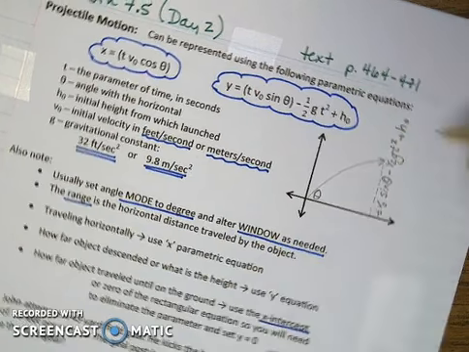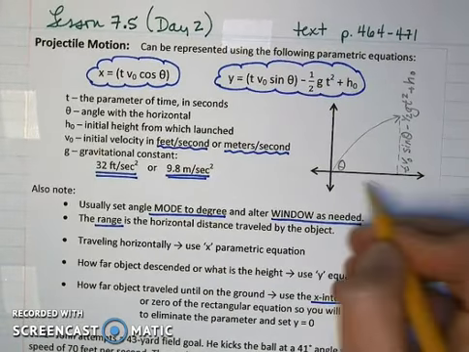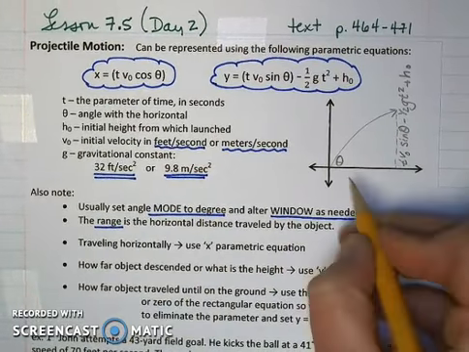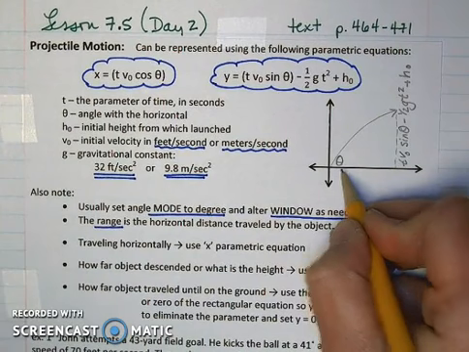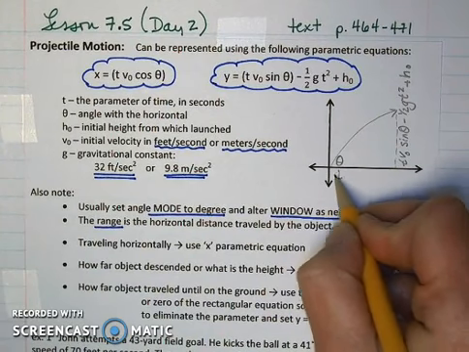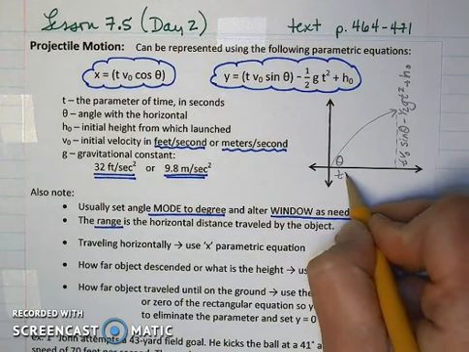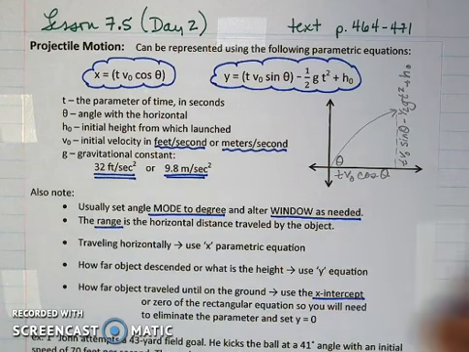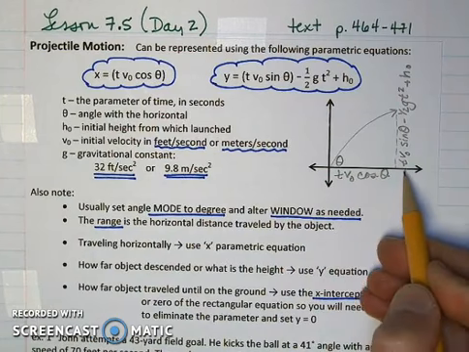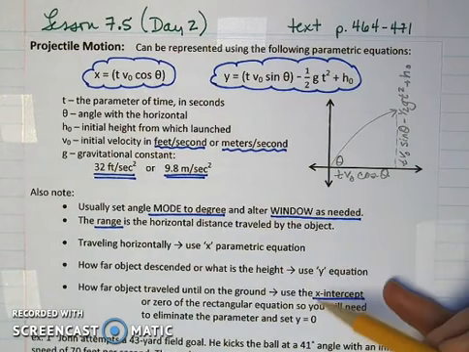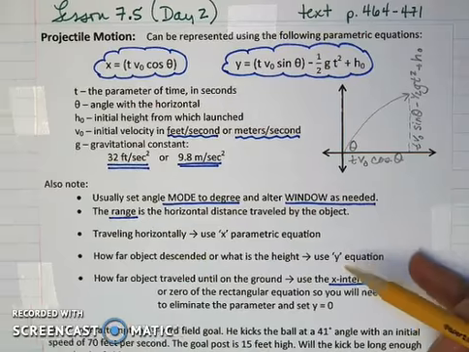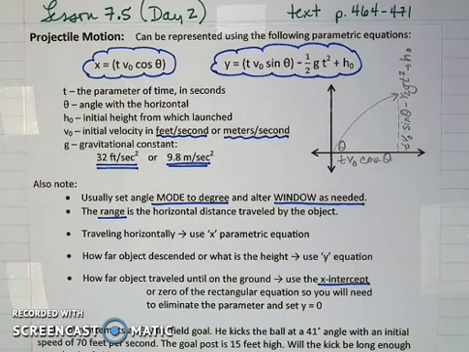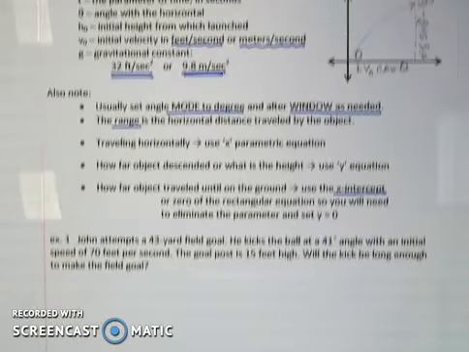Okay, that would be your y. Your x would then be the horizontal distance. So that would just be the time times the velocity and the cosine of theta. It'd be easy to remember: cosine is your x, sine is your y. But this will help you when you are interpreting and dealing with different applications. We're going to do one together in this video.